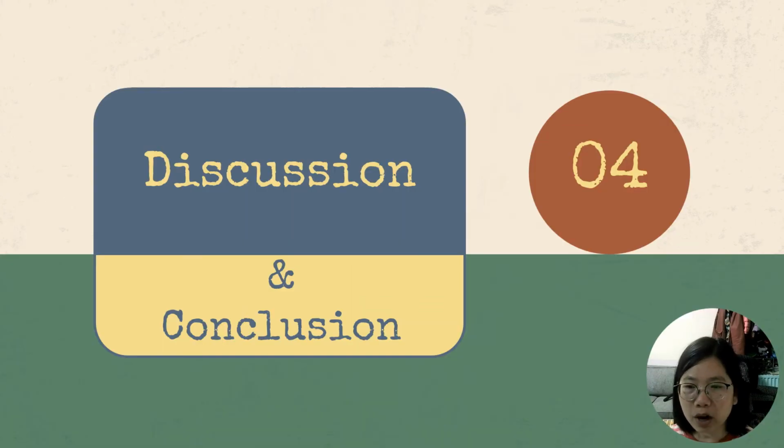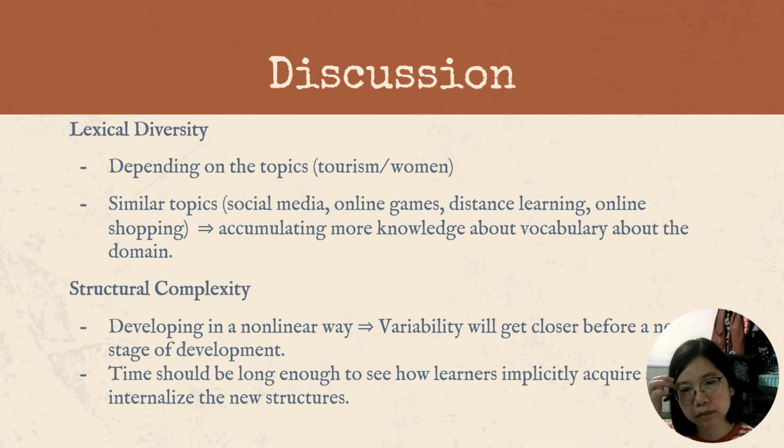Okay, now let's move on to discussion and conclusion. For lexical diversity, actually, it depends on the topics. For example, tourism and women are the topics that the students are more familiar with. Is it because the college is located in a coastal city, and most students may aim at working in the tourism industry?